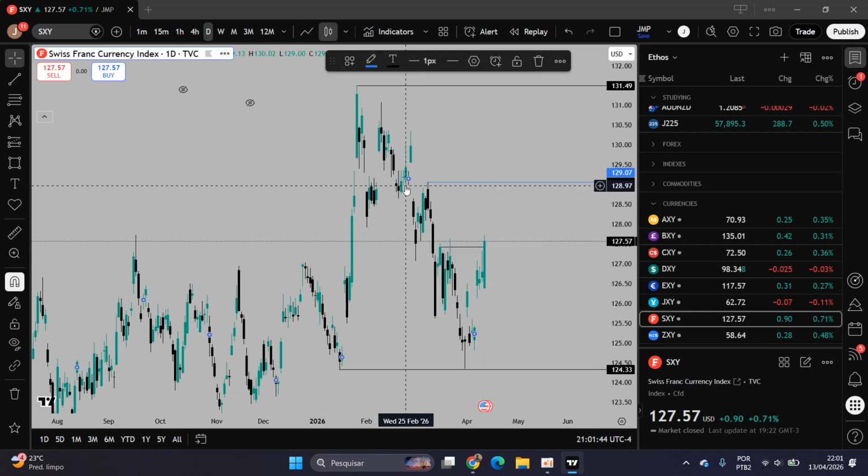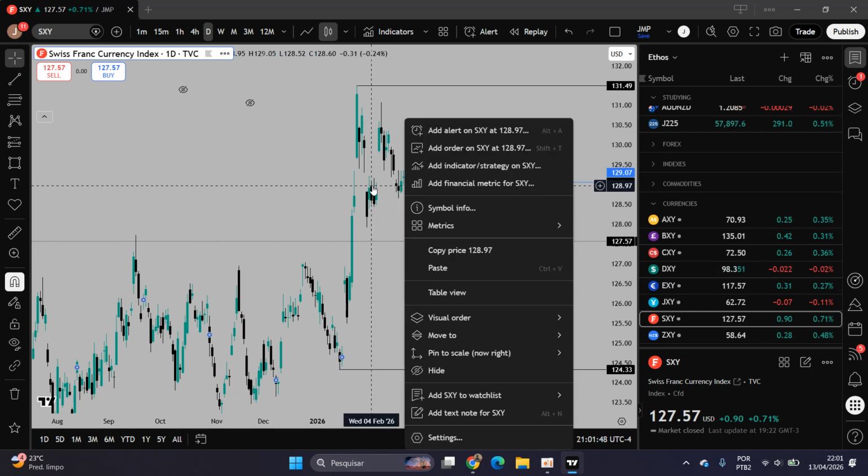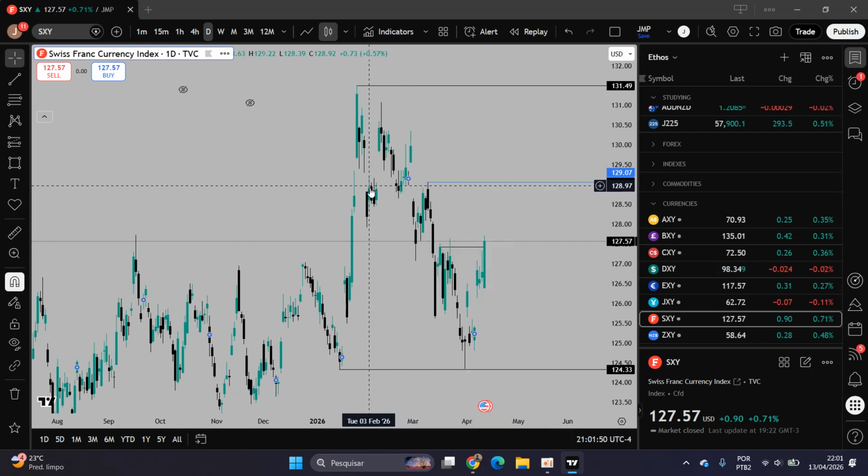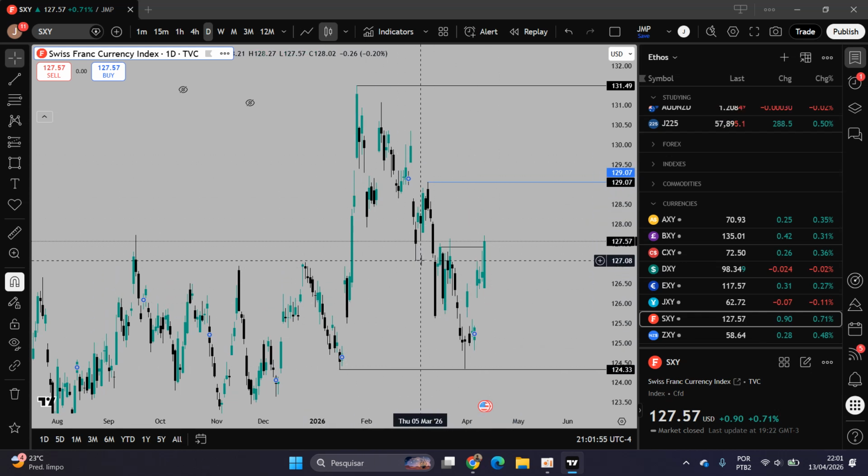We have to be a little bit careful with trading the CHFJPY, or any CHF pairs, because you don't know when this type of retracement is going to end.